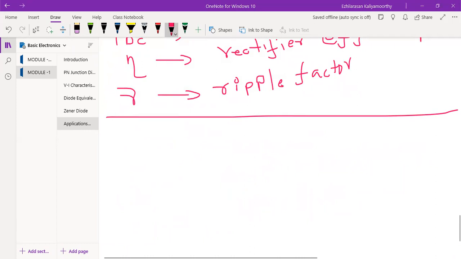The first thing is let us calculate the average DC current. Before that, let us put the equation like this. Let me write the input: I is equal to Im sin omega t.